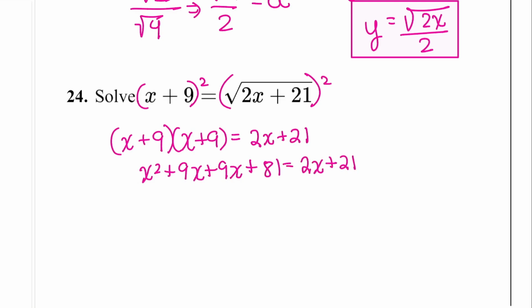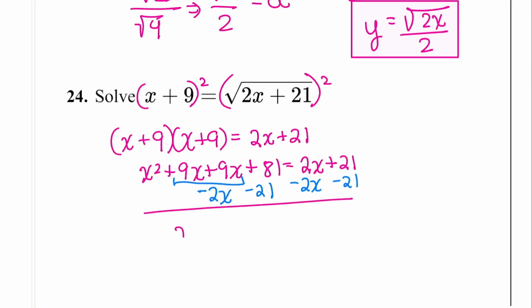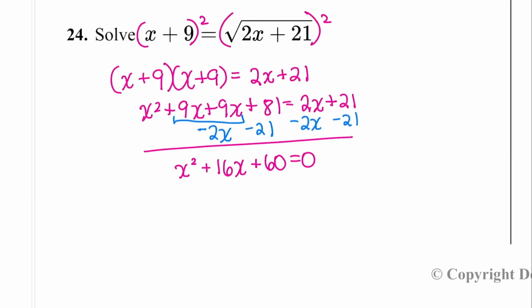Now we are going to combine like terms. So we can subtract 2x from 18x. And while we're at it, we can go ahead and subtract 21 as well. So we're going to get x squared plus 16x plus 60 equals 0.